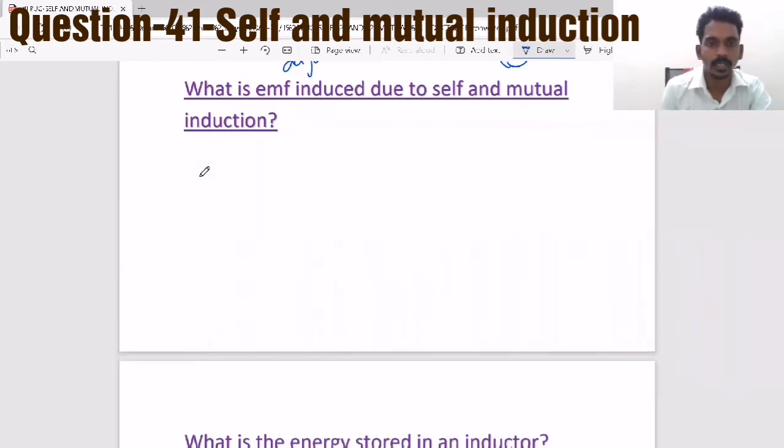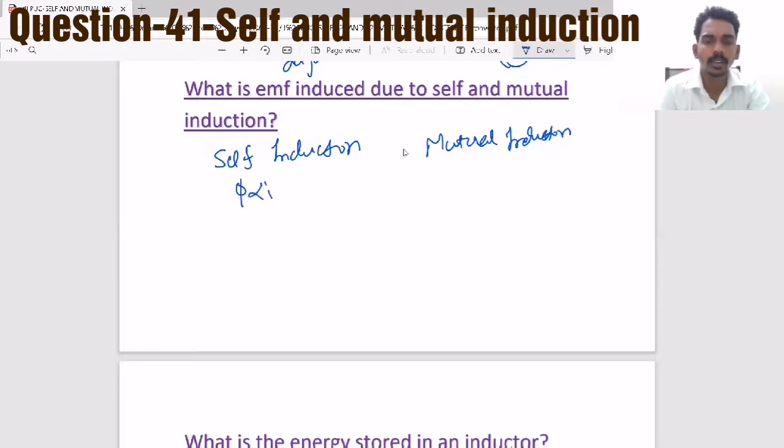Now, in case of self-induction and in case of mutual induction, flux linked with a coil is directly proportional to its own current. Here flux linked with the secondary coil is directly proportional to the current in the primary coil.